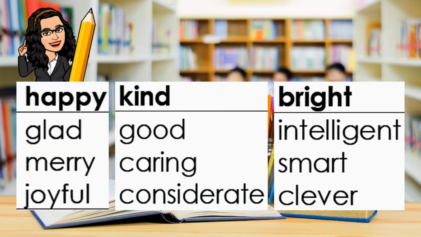These are some examples of word clines: happy, glad, merry, joyful, kind, good, caring, considerate, bright, intelligent, smart, clever.